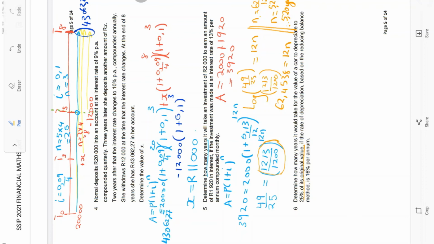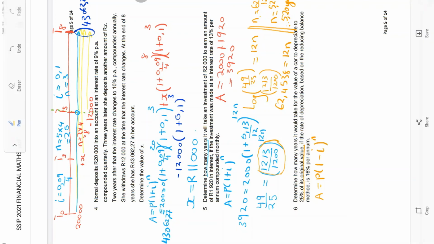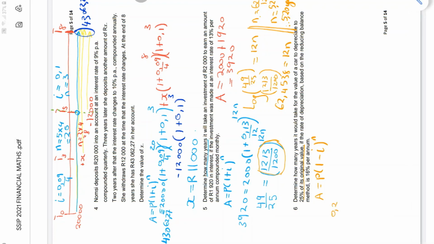This question, we don't even have the original value, which means we're going to use our variables.